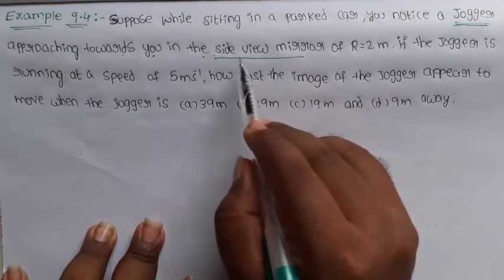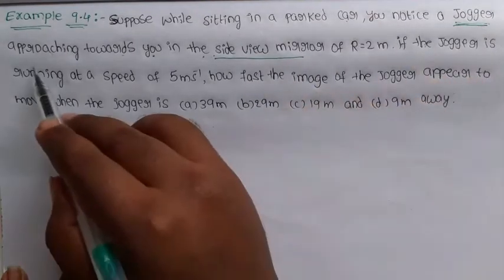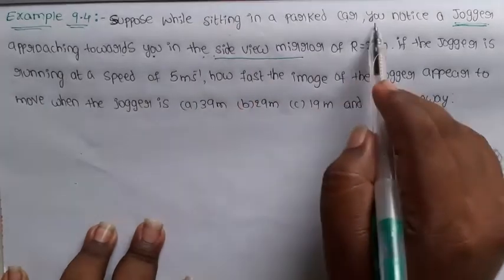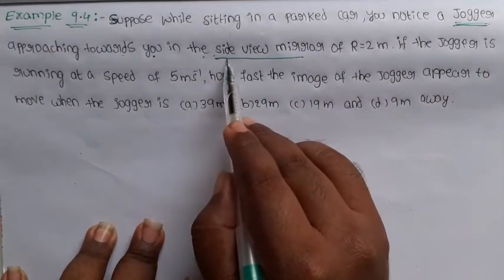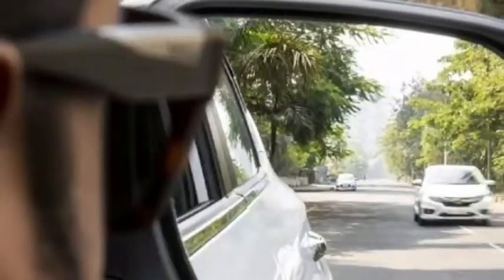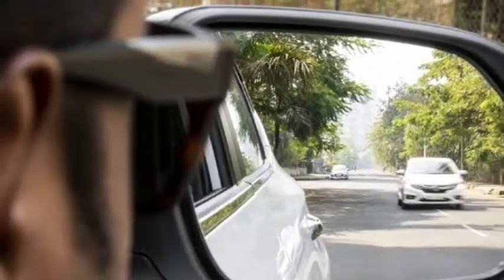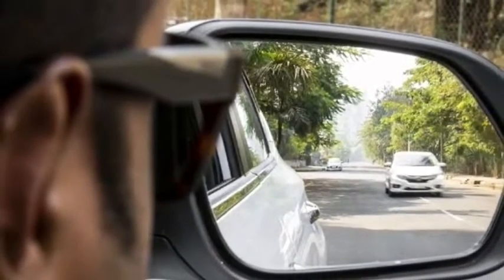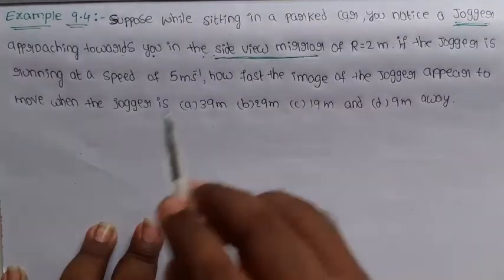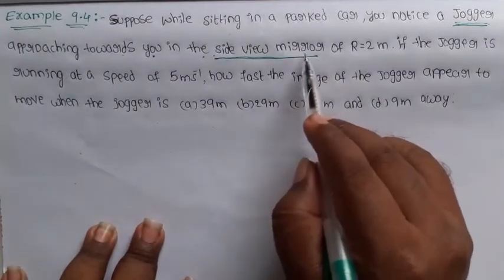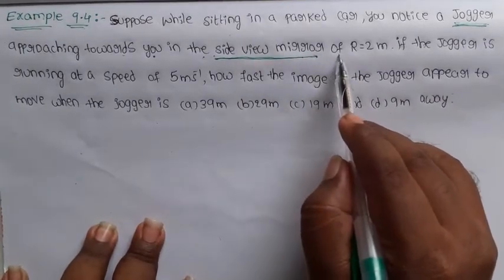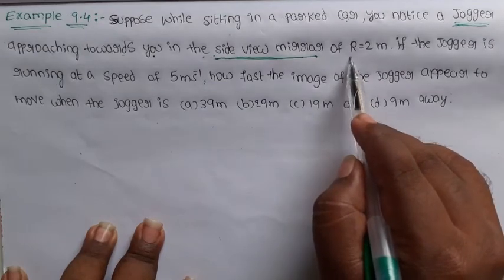The jogger approaching towards you is noticed in the side view mirror of the car. So it is a mirror of R equal to 2 meter.